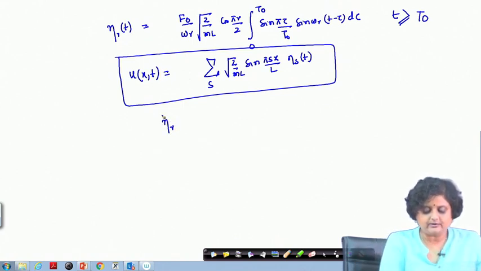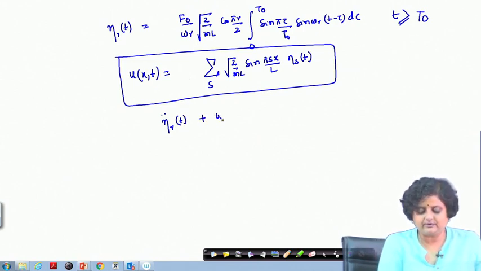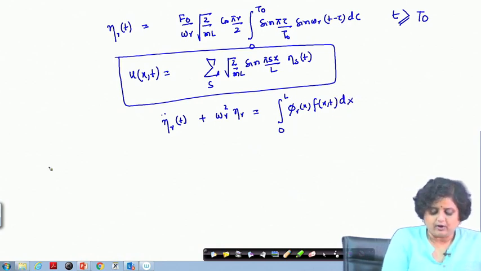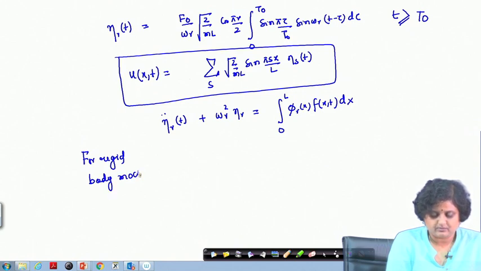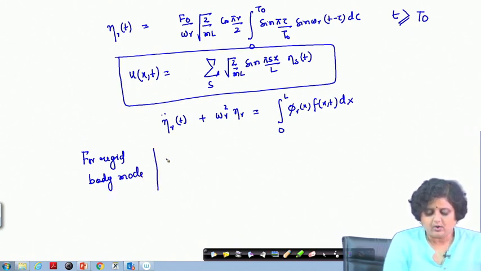The equation of the rigid body mode, since omega_r is going to be 0. So, for the rigid body mode, omega_r is equal to 0.